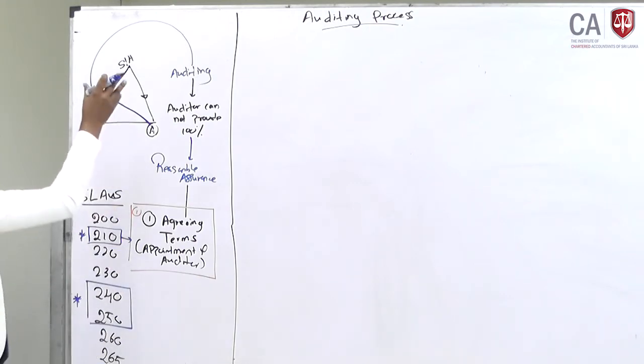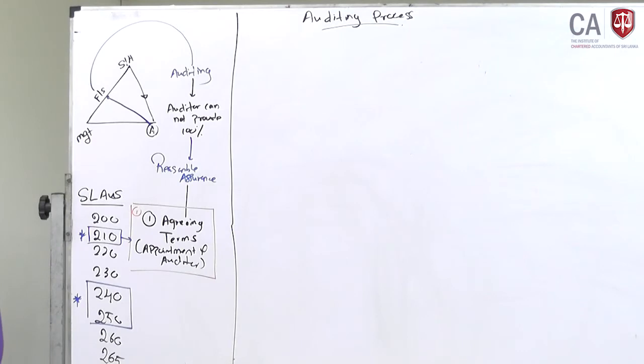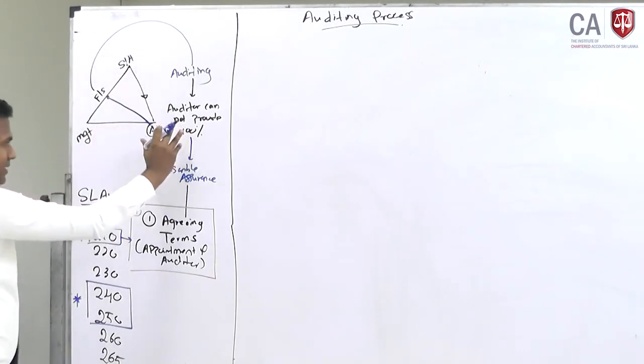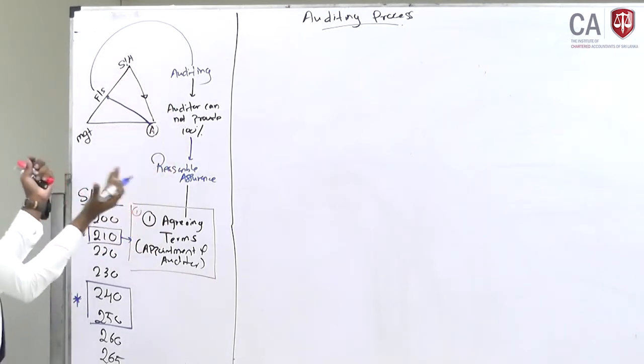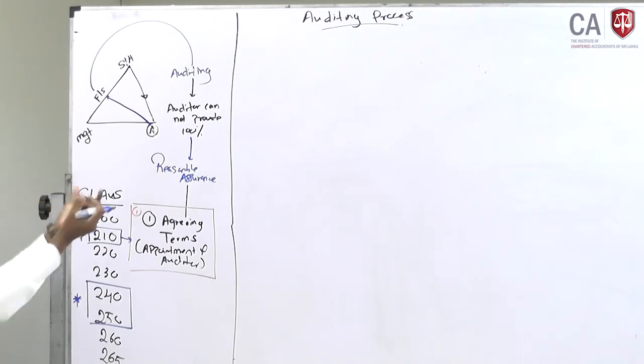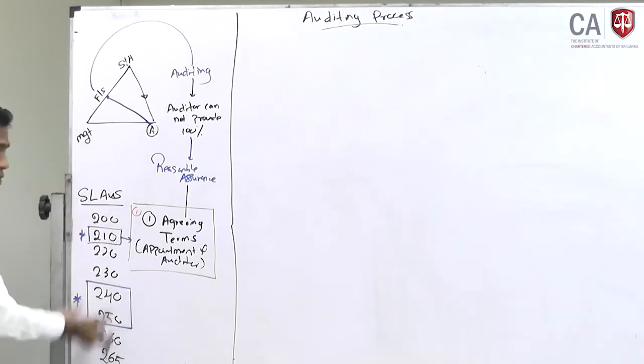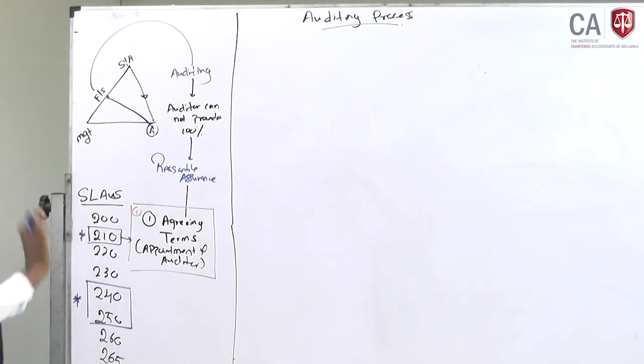So this is the introduction to the auditing part. So these are our basic principles and how these two parties are agreeing the terms, and all these things, the introduction to auditing, are given, and all these standards are to be followed by the auditor. These are issued by CA Sri Lanka. I hope that you are clear with that, right? All these standards we have to learn. So we will learn during the next webinars.